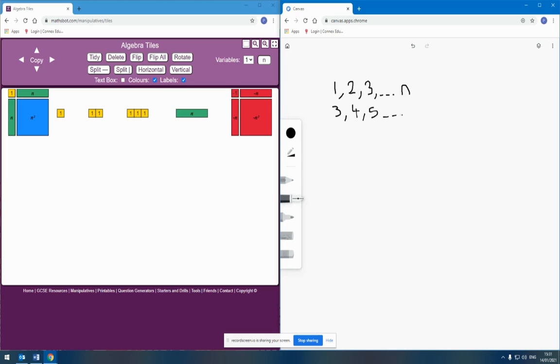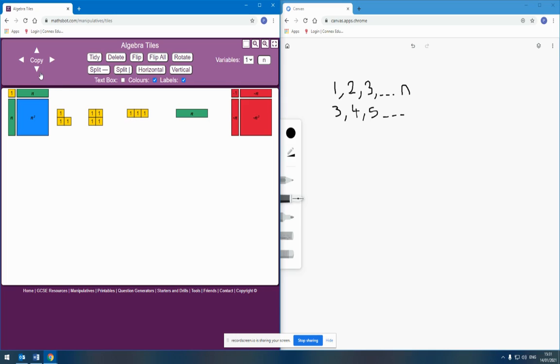Three, four, five, and we can show what's happening here using the algebra tiles. So how have I turned this 1 into 3? Well, to turn this 1 into 3, I've added this extra 2. And to turn this 2 into 4, I've added this extra 2.